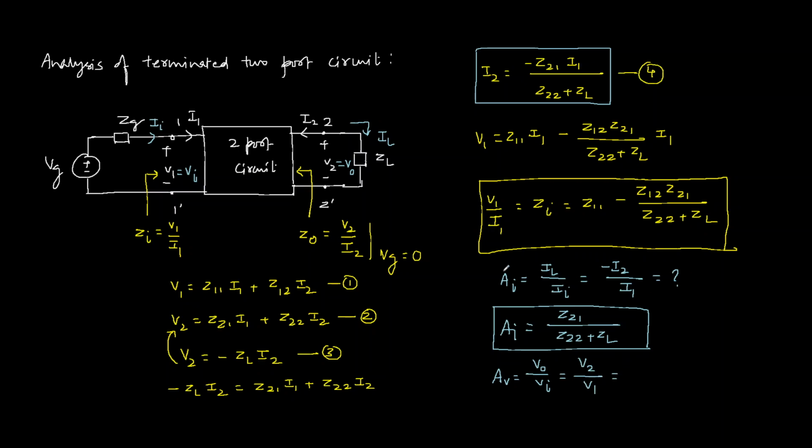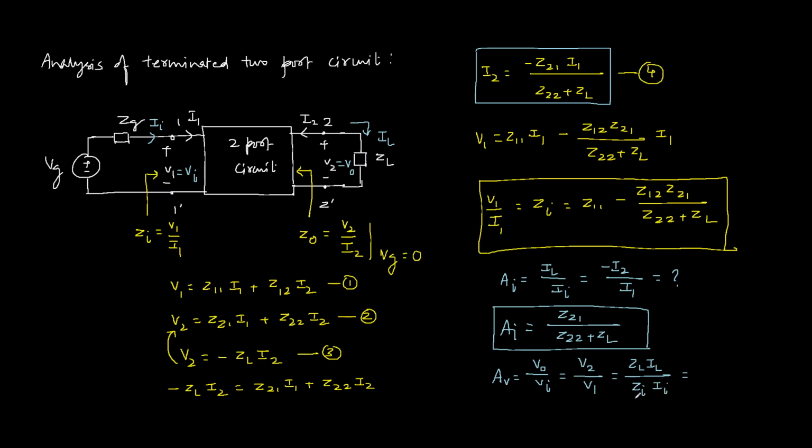Here this V2 or V0 is ZL IL, and this Vi is Zi times II, because I1 is II.